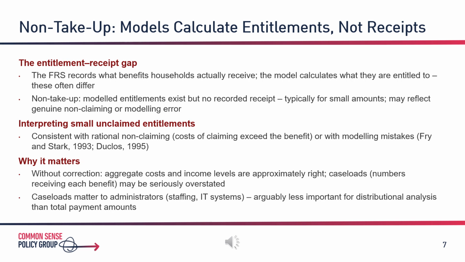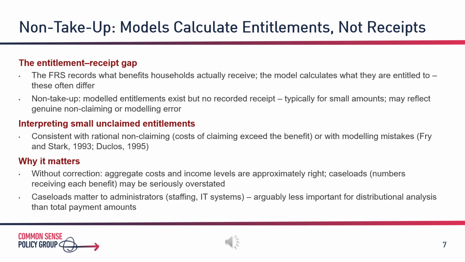The correction approach is the same regardless of which explanation is correct. Build a statistical model that predicts, for each modeled entitlement, the probability that it will actually be claimed. The predictors include the size of the entitlement.